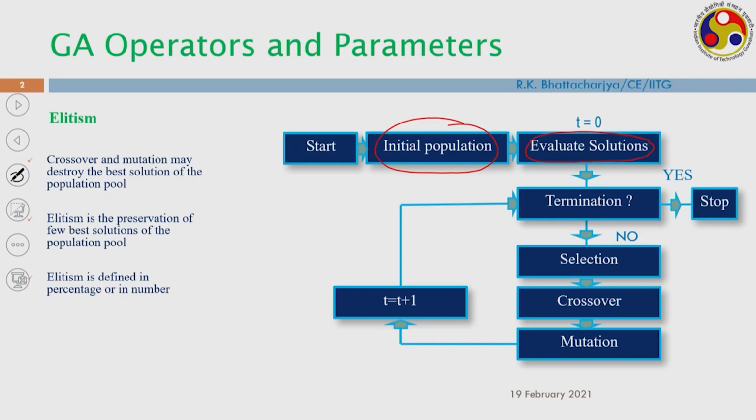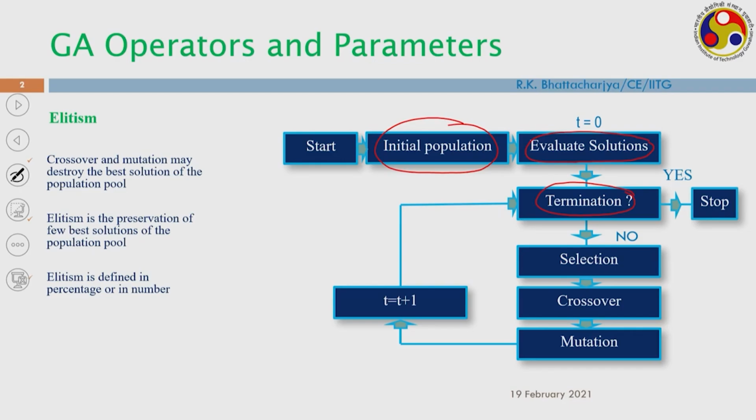I also explained the termination criteria. As I said, I can take maximum generation as a termination criterion, or if the function value is not changing for some generations, maybe 20 or 50 generations, then I can terminate this loop.